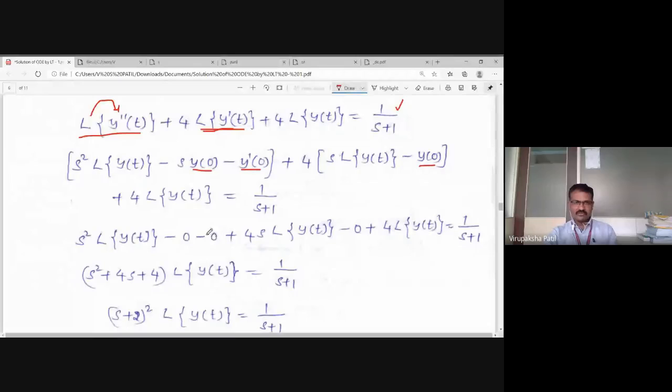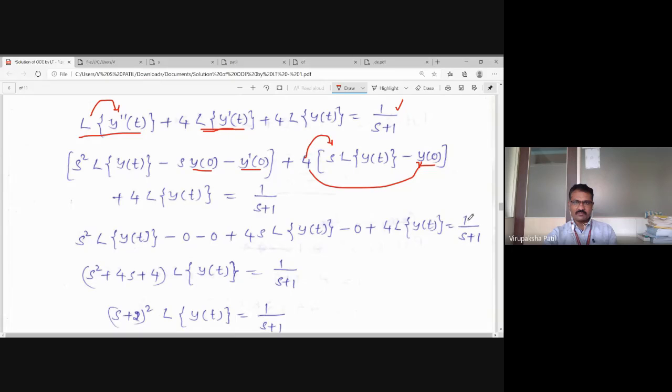Then take the 4 inside, and you will get 4s into L of y of t. The 4 into y of 0 is 0 anyway. Then plus 4 into L of y of t, you keep as it is.